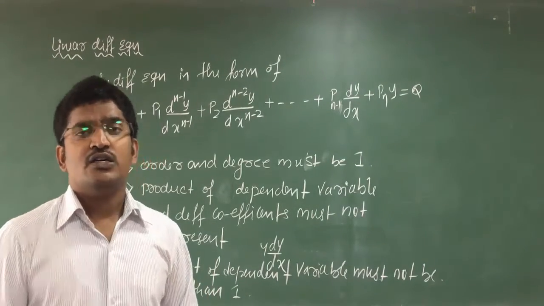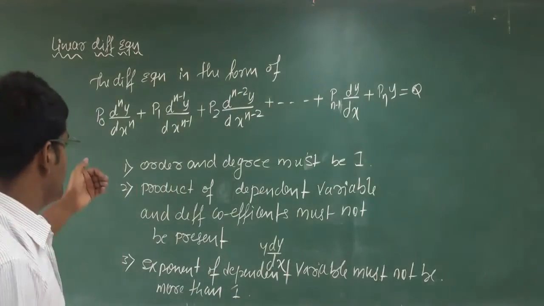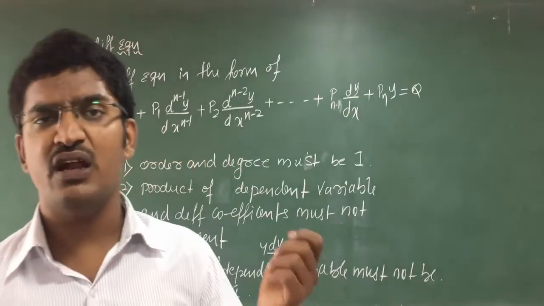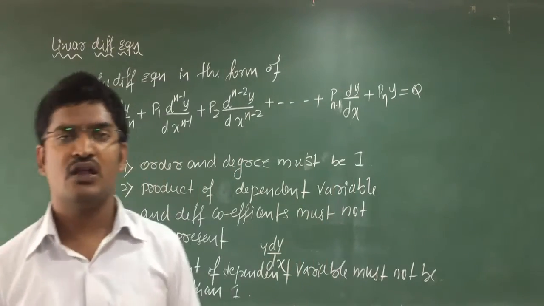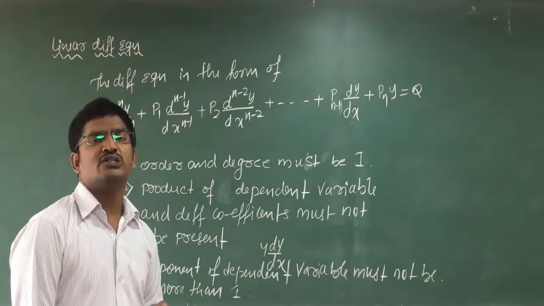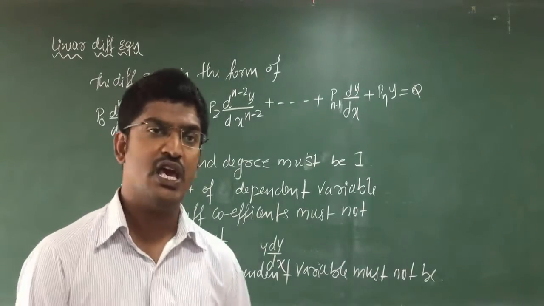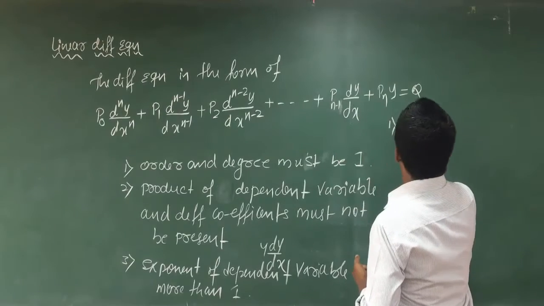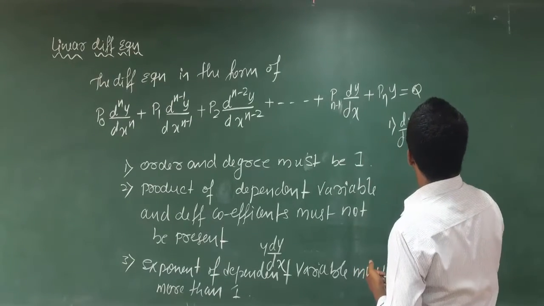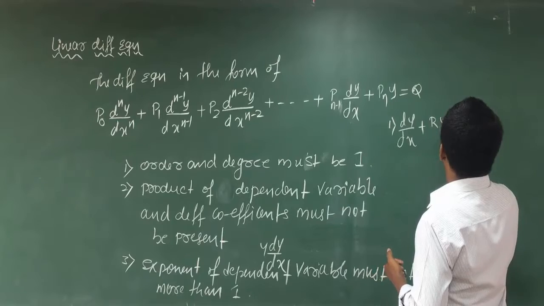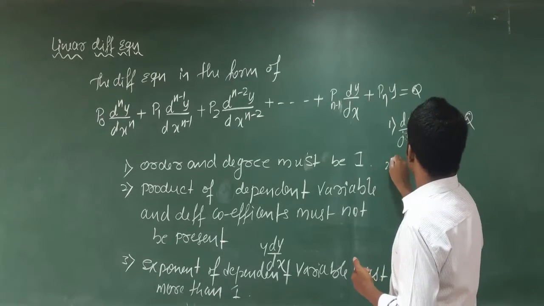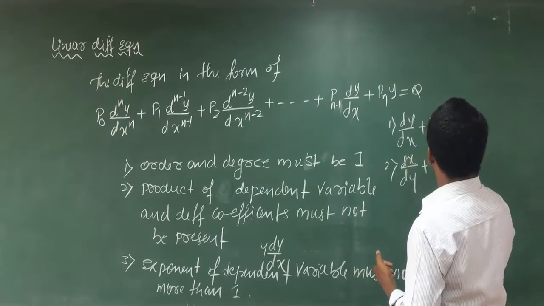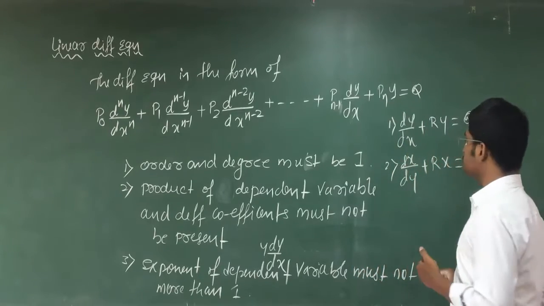Clear? So if these three conditions are true, then we call that a linear differential equation. In a linear differential equation, again there are two types. One is dy by dx plus ry equal to q. The second one is dx by dy plus rx equal to q.